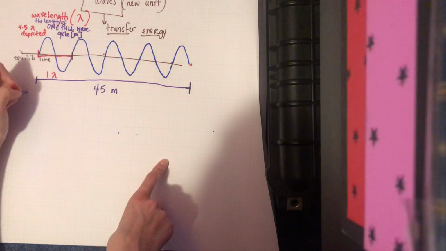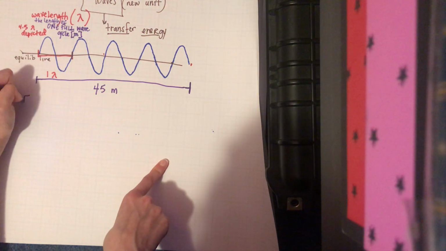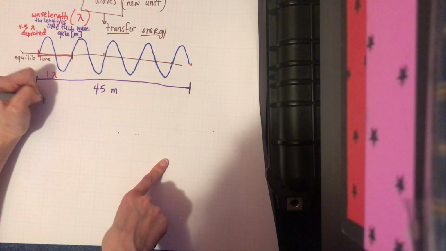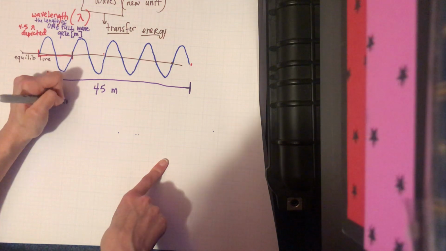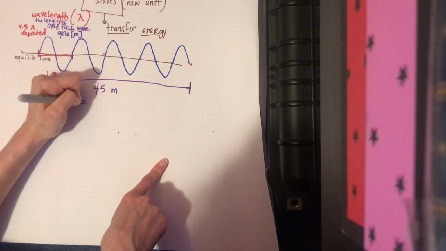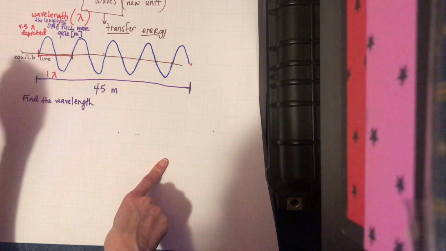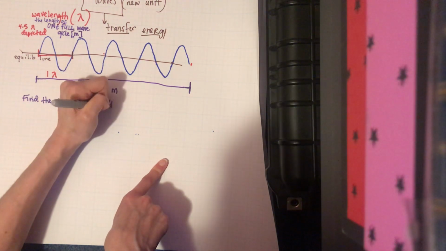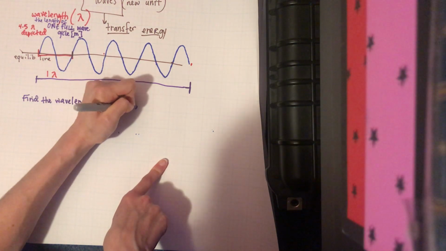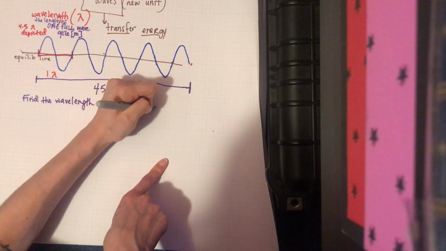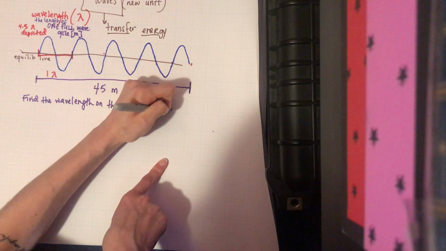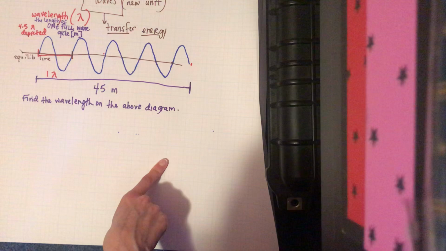In order to find the wavelength on the above diagram, we want to know the length of just one particular wave.